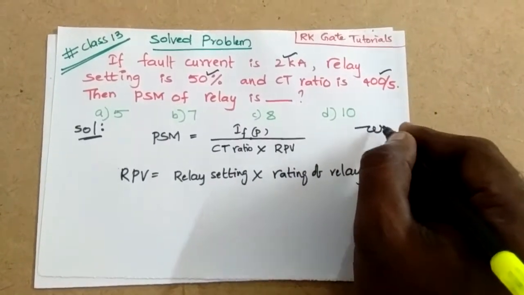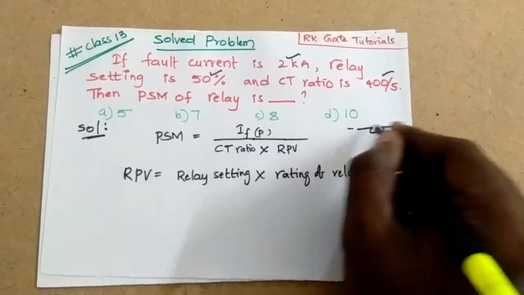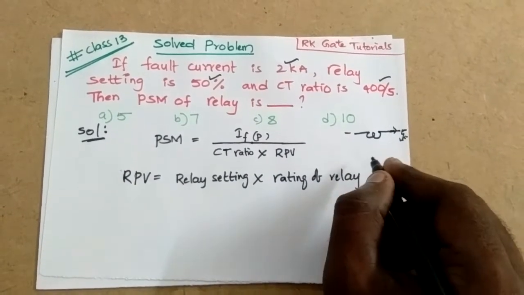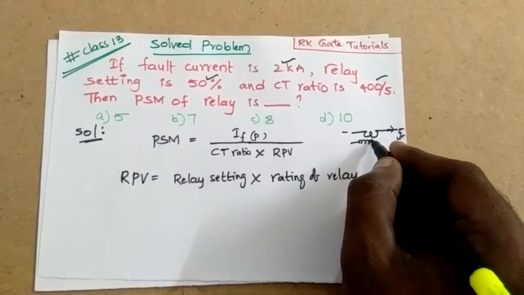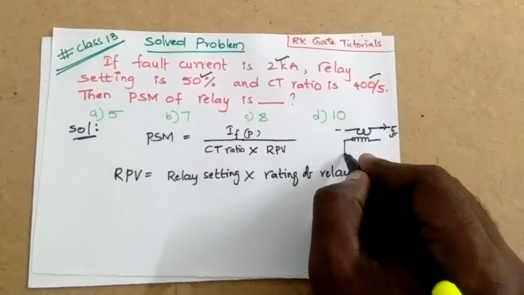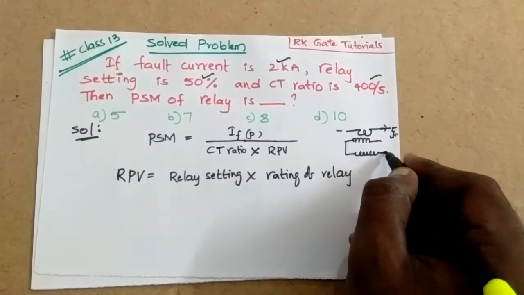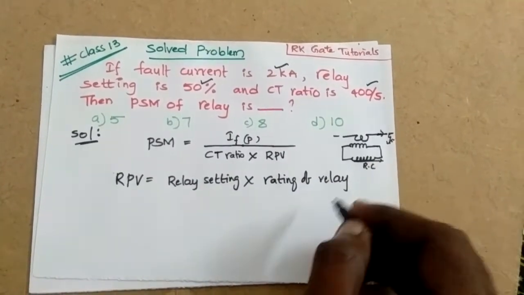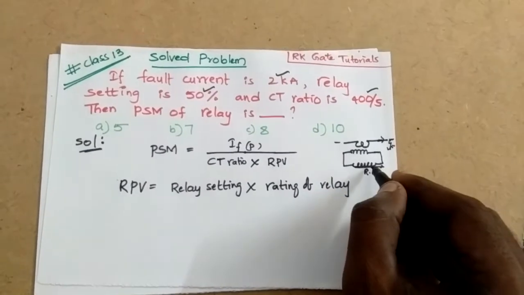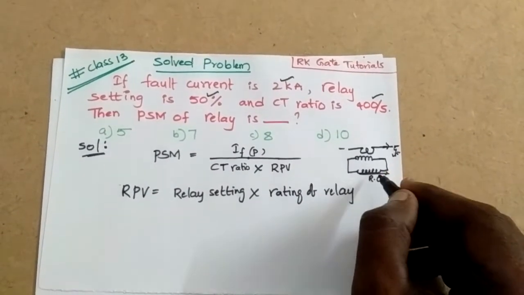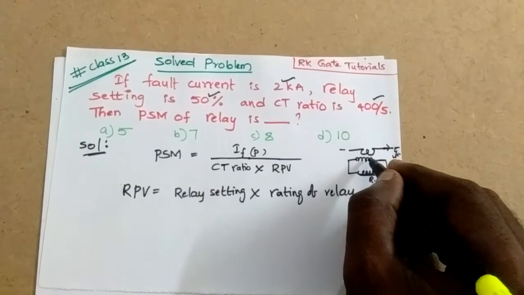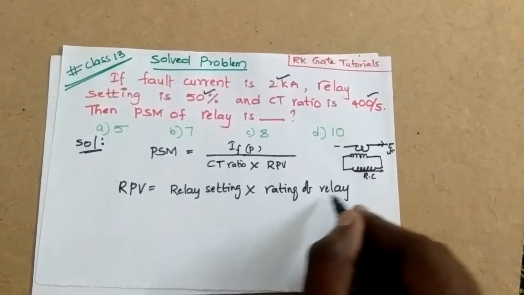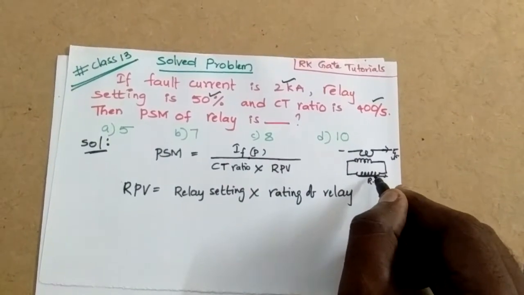If you consider this as the CT primary, this is the line, and somewhere we get a short circuit fault. The secondary of the CT will be here, and to the secondary of the CT we have the relay coil, to which the plunger and the whole mechanism of the relay are attached. So the relay coil is connected to the secondary of the CT, so we can simply take the secondary of the CT as the rating of the relay if the rating of the relay is not mentioned.